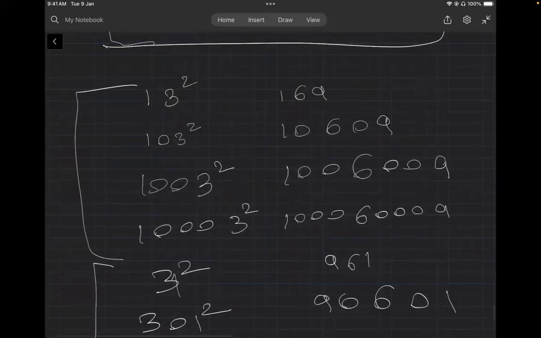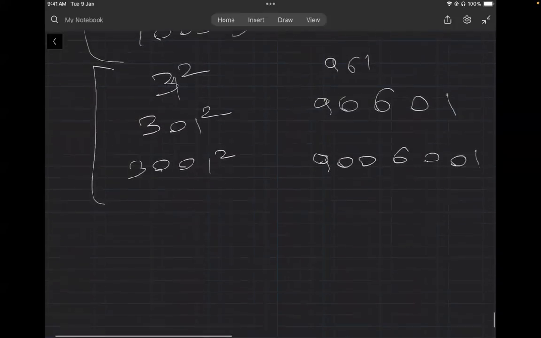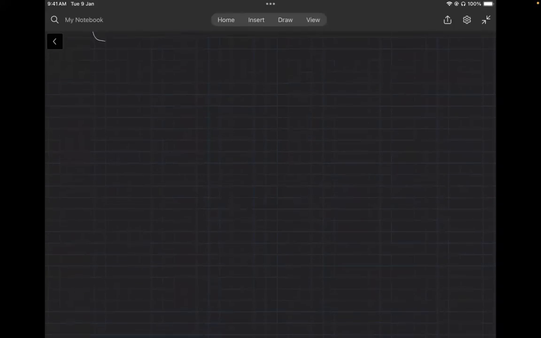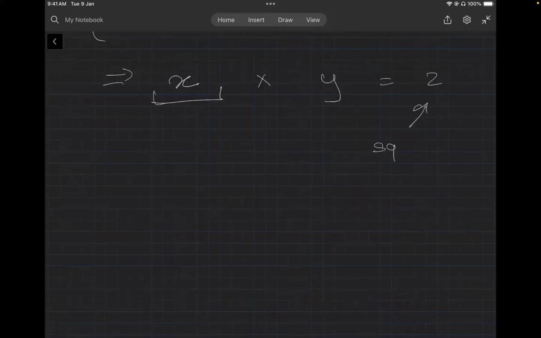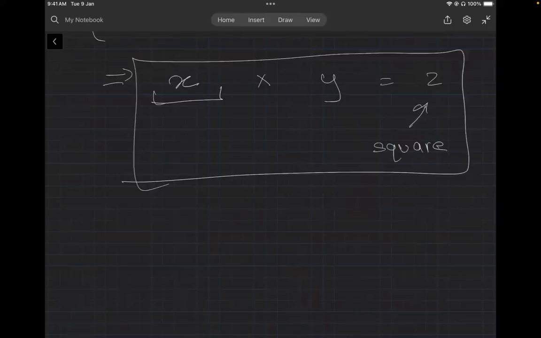Now, apart from this, what other mathematical observation do you need? If x is a square and y is a square, and you multiply these two numbers, this z will also be a square number. This is the main observation that you want. Why?